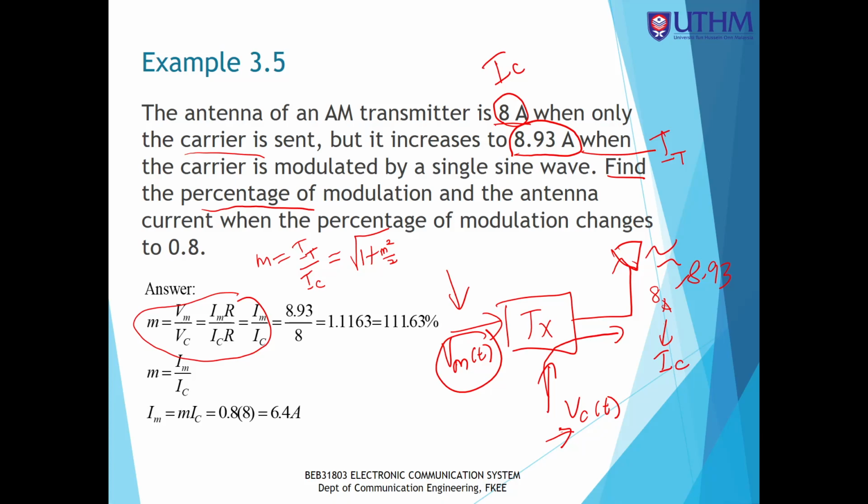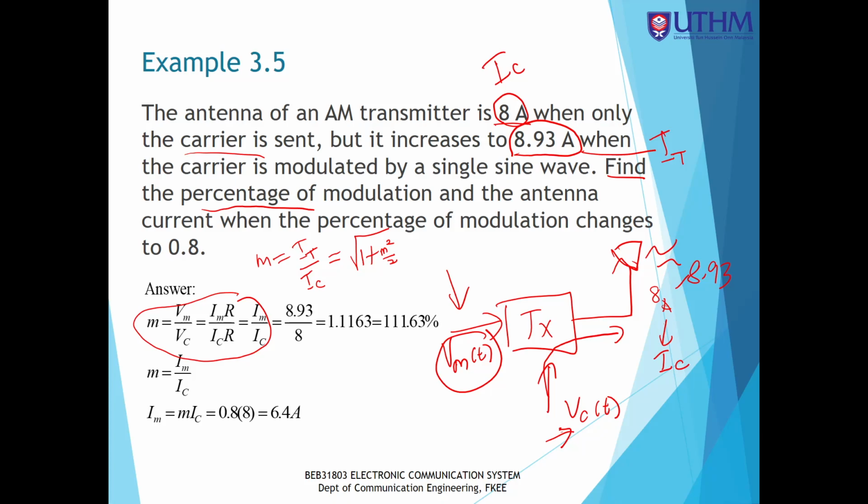The second question asks, find the antenna current when the percentage of modulation changes to 0.8. What is antenna current? The current to the antenna, okay, current yang melalui antenna. So the current that goes through the antenna is actually the total current.